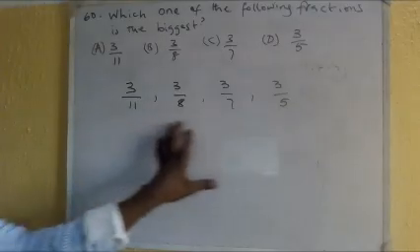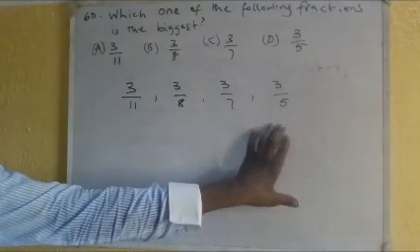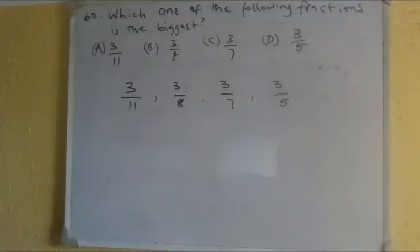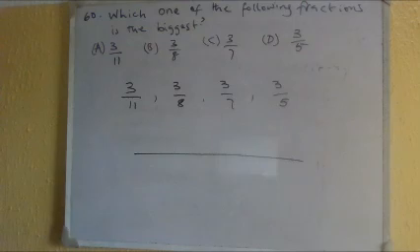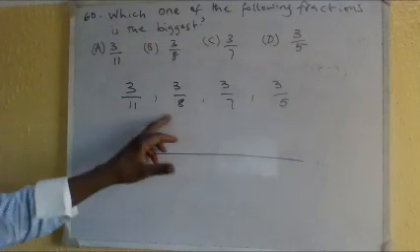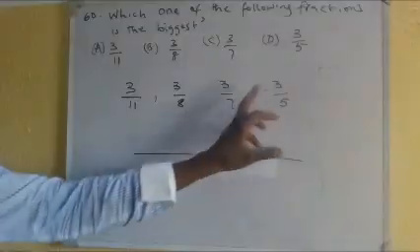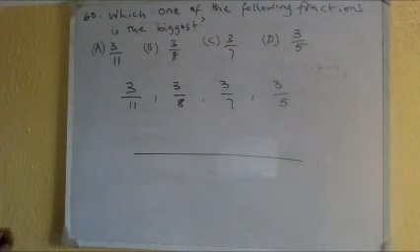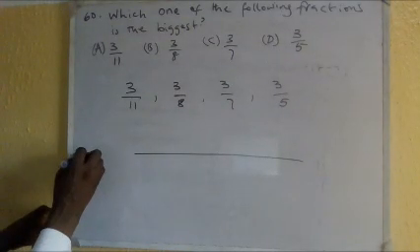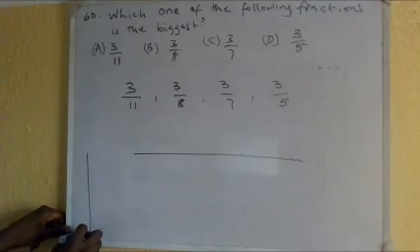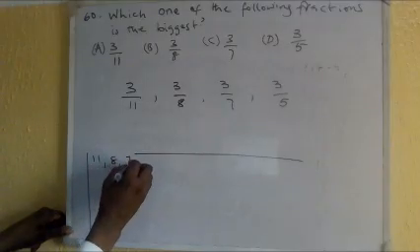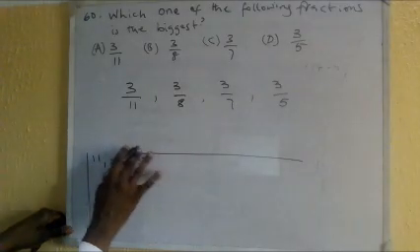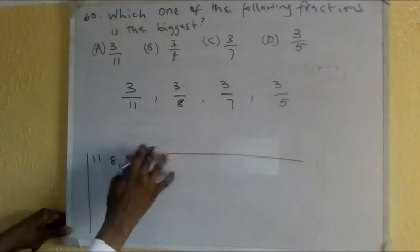So I'm going to rule a line to find the LCM of the denominators: 11, 8, 7, and 5. How do I get it? I just rule one line here. Are you seeing my line? So I'll write 11, 8, 7, 5. I want to look for the lowest common multiple, so I start with the least number that can go into all of them.